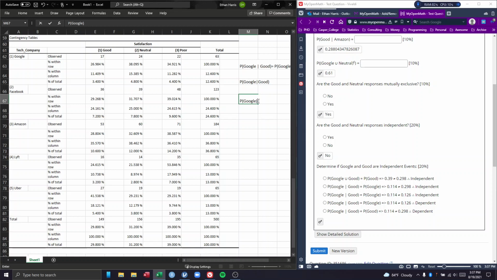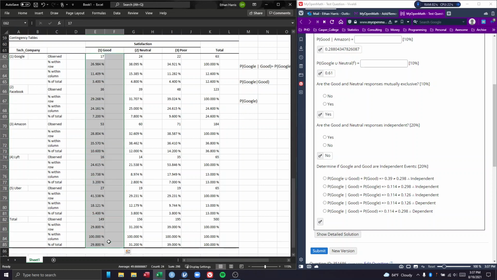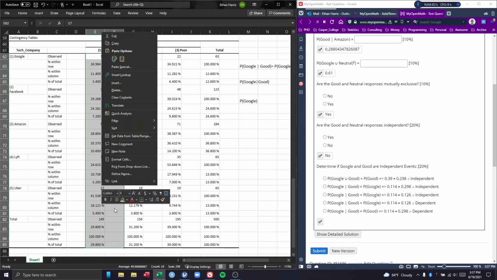We can grab these really quickly. First of all, Google given good. What we would look at is just the good column, so this is a conditional statement. We could do it the hard way, but let's save ourselves quite a bit of work and just highlight this.